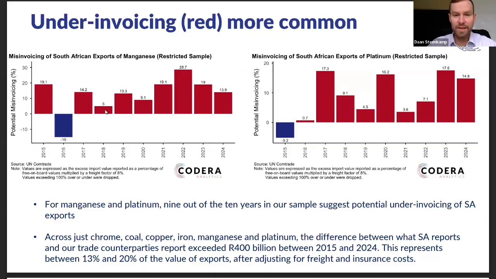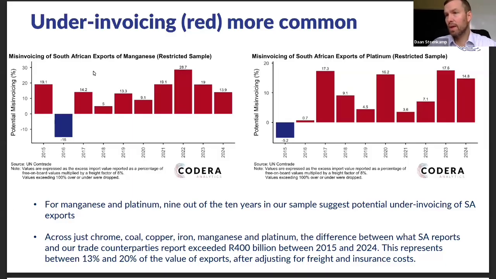If we look at manganese and platinum, you can see that most of the bars are red, indicating potential under-invoicing of exports. To give you a sense of the scale, when you express it as a share of total free on board value of exports, it is very large. Regularly, it's above 15% of total exports for that category.